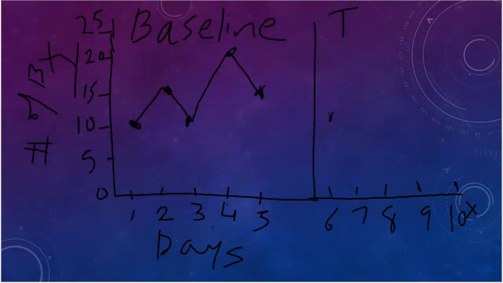Day 6 is 10, day 7 would be say 15, and then day 8, 10, and then day 9, there's a reduction, 5, and then day 10, 5. And then you're going to connect the data points. You never connect these 2 points because these are 2 different conditions. So you want to separate them to see the difference.